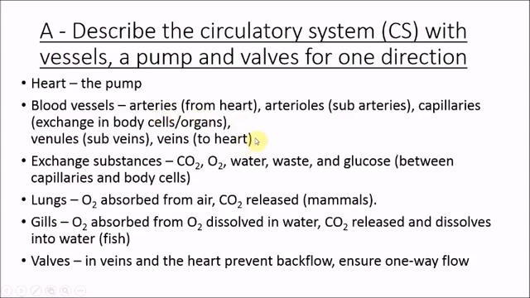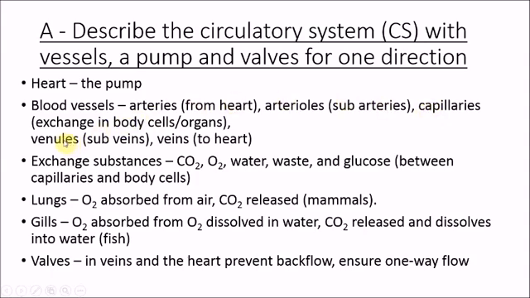Arteries go from the heart. Arterioles are like smaller versions of the arteries, and they go from arteries to capillaries. Capillaries are used for exchange between the blood vessels and the cells that need the contents of the blood, like oxygen for respiration. After the capillaries, it's done that exchange, it will then need to make its way back to the heart.